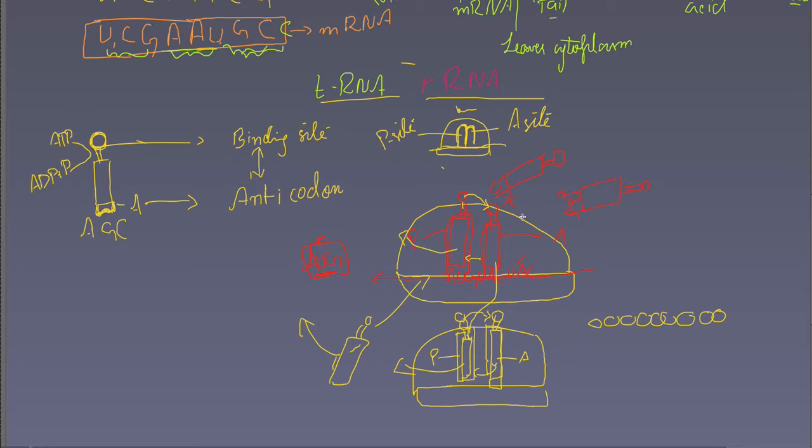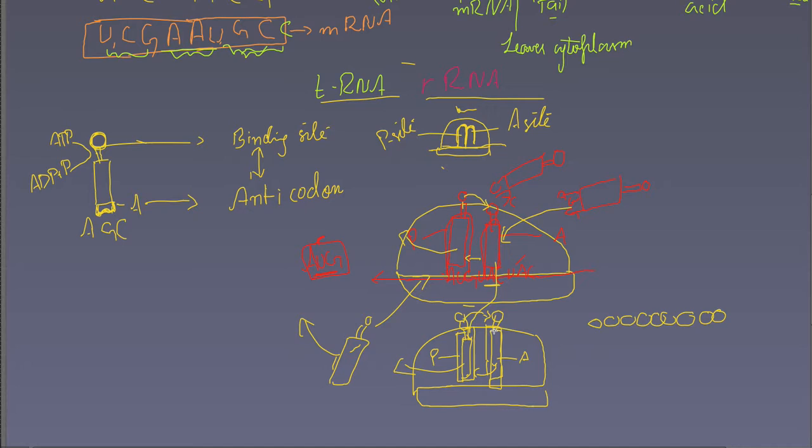Another molecule comes along and attaches itself to the A site. The A site has the anticodon of another codon, and as the other tRNA molecule attaches here, this tRNA molecule leaves. This tRNA causes its amino acid to leave and join the other tRNA on the A site, and this tRNA molecule leaves the ribosome. Now you end up with two amino acids.